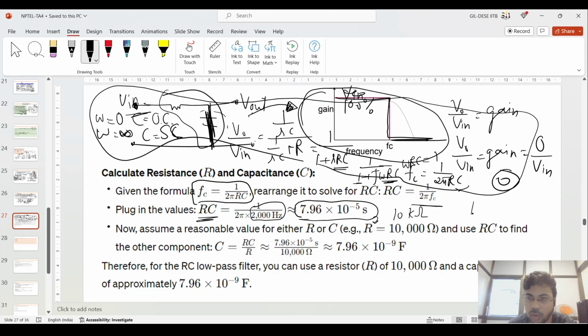If you consider this 2000 Hz, the RC value will come as 7.96 into 10 power minus 5 seconds. If you take the R value as 10 kilo ohm, because you cannot take a 1 ohm resistor inside this circuit, you should take more than 1 kilo ohm, or 1.1 kilo ohm. You should not always use a 1 ohm resistor for RC filter design. It should always be higher.